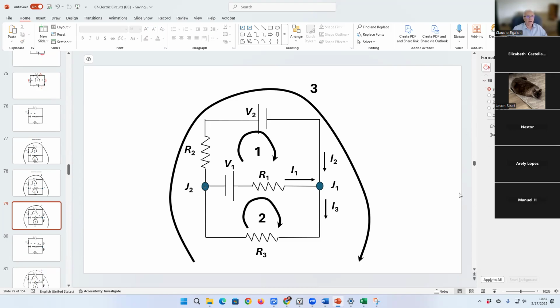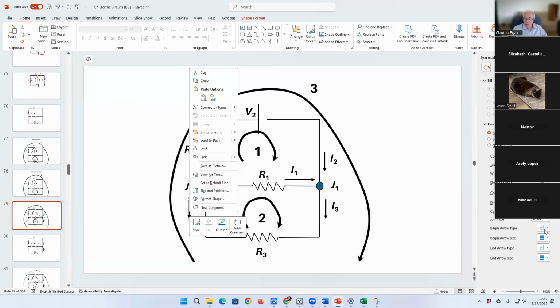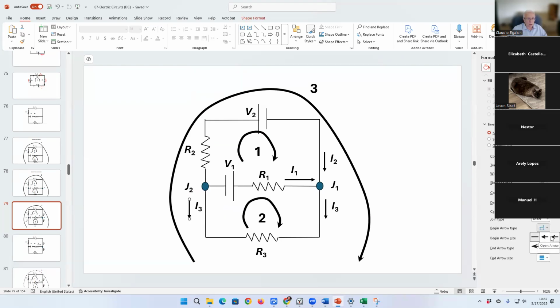And what else can we do? We can label the current on the other side as well. Notice that there is no junction between this point and this point, right? So the current flowing through this resistor is still going to be I3. All I have to do is change its direction. And it's the same thing for I1.